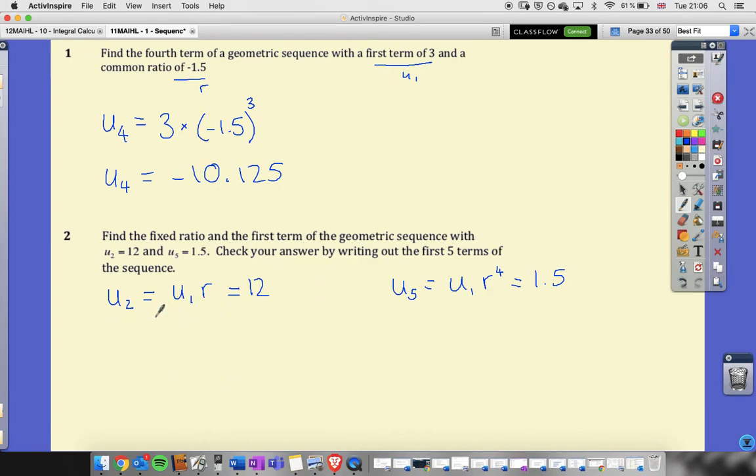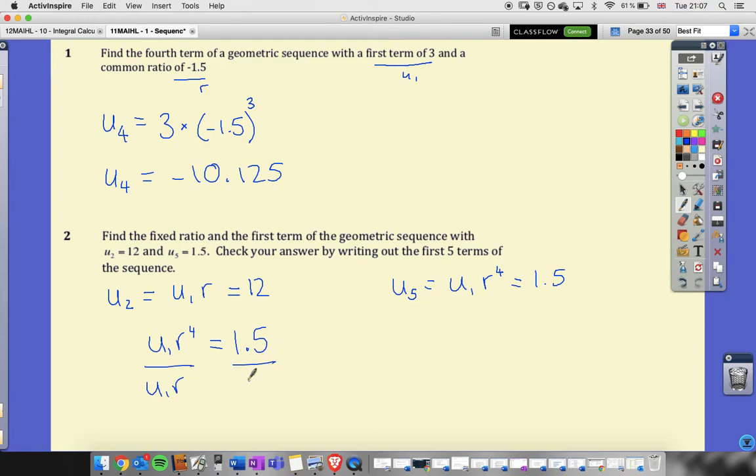So how are we going to find u1 and r? The trick here: we've got 2 equations and 2 unknowns. We can't eliminate in the standard way we do with simultaneous equations, where we just add or subtract. What we've got to do here is divide. I'm going to take the second equation and divide it by the first.